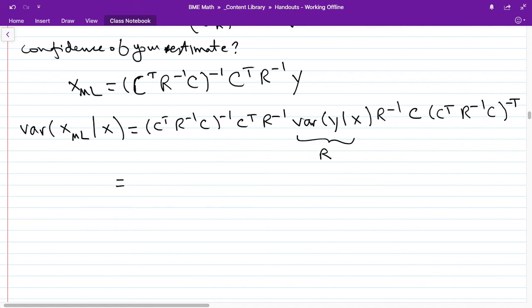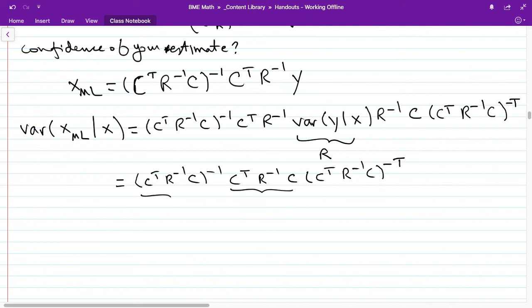So I can simplify my equation. I get C transpose R minus 1 C, inverted, transposed, times R minus 1 times C transpose R minus 1 C to the minus 1, transposed. So this is the same as this inverted. That's equal to C transpose R minus 1 C, inverted, quantity transposed.